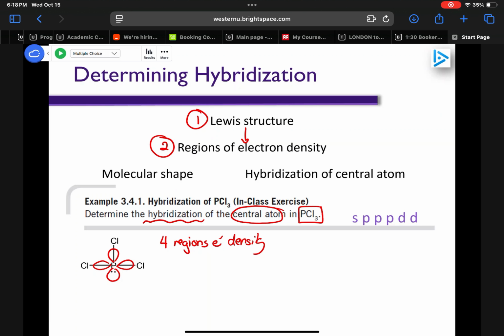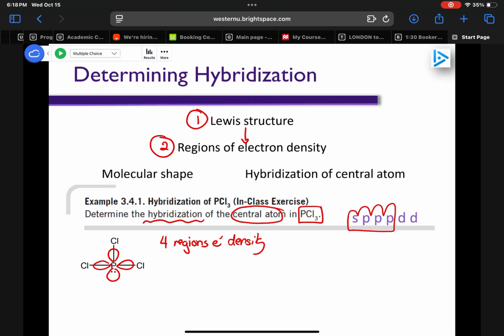If I have 4 regions of electron density, what are the orbitals for that central atom? Well, I'm going to write out my S, P, P, P, D, D, and I'm just going to count to 4. 1, 2, 3, 4.